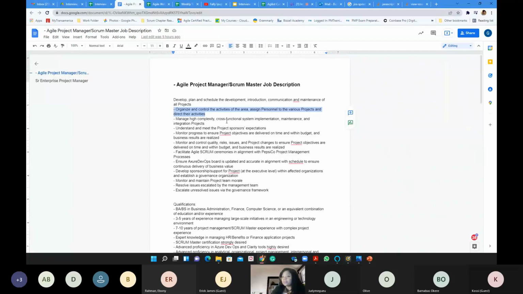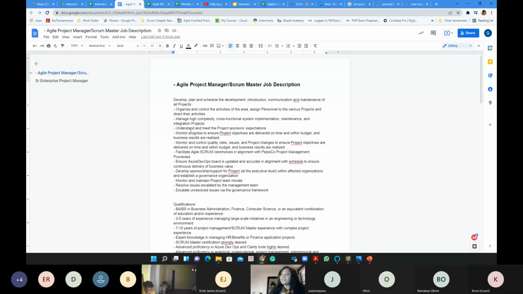It's complex, it is cross-functional, and it requires a lot of ongoing maintenance. If they ask you how you do that, you say, I leverage agile methodology, because agile helps you break down a complex project into simpler processes by delivering smaller increments. That is why agile is very good compared to waterfall.